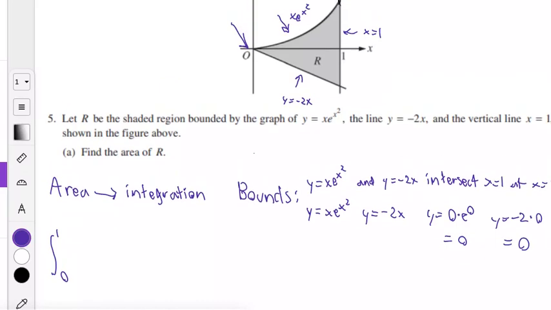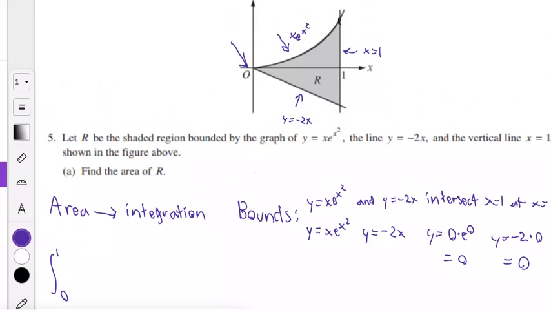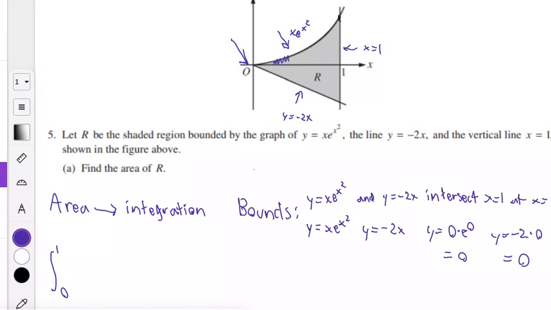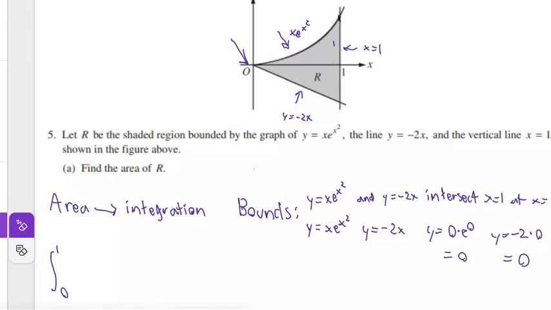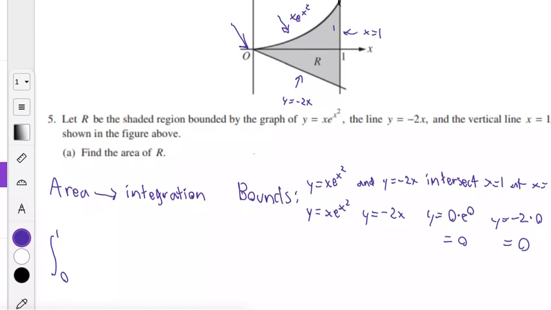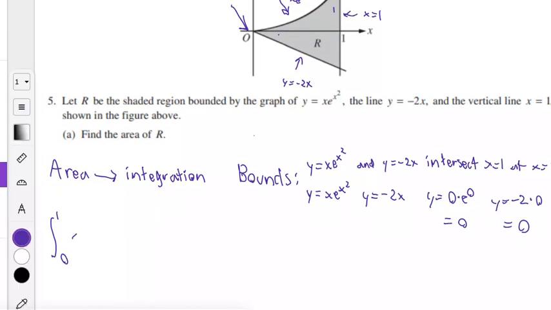Next, we need to figure out what to put inside the integral. So, integrals can help you find the area under a curve. So for example, if we were to integrate xe to the x squared from 0 to 1, we would be finding this area that I just shaded. We are, however, finding the area of this entire shaded region. So for that, we should first have xe to the x squared in this equation, because we're finding area under that.